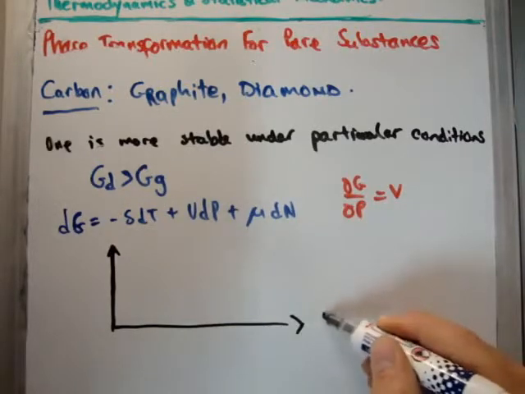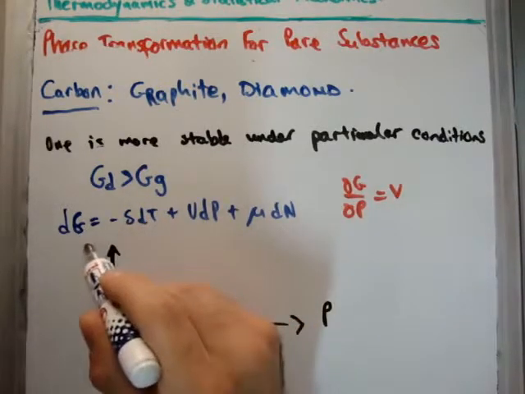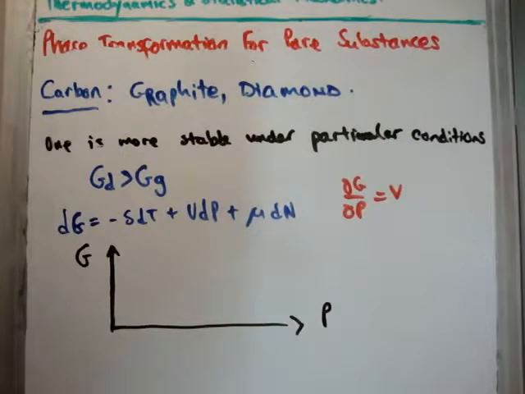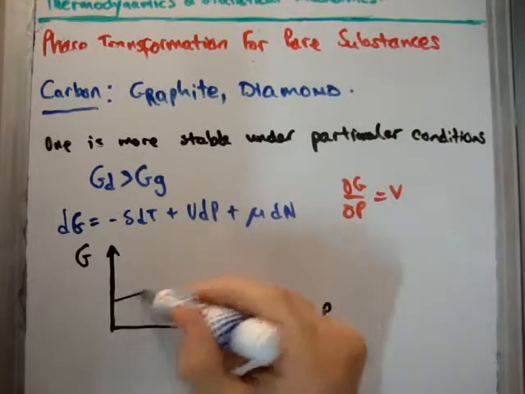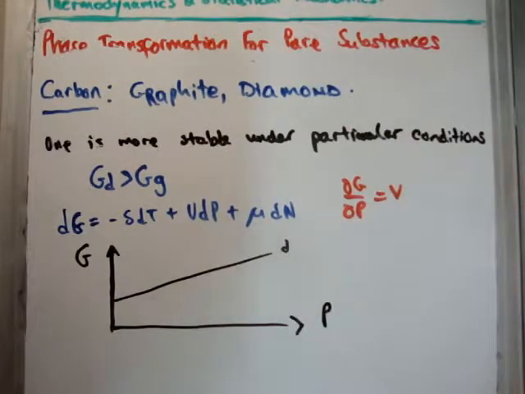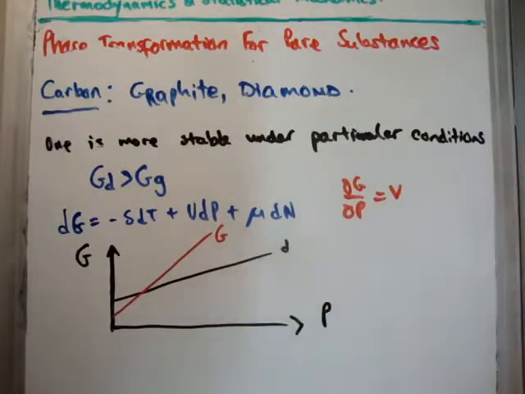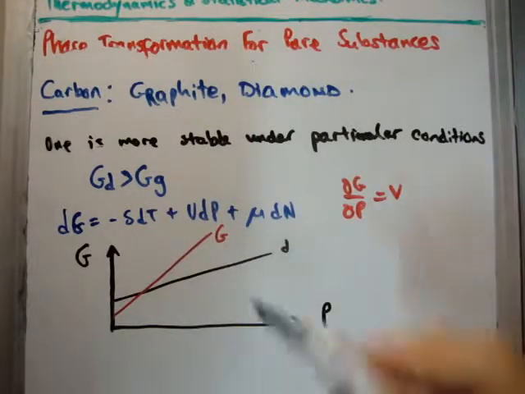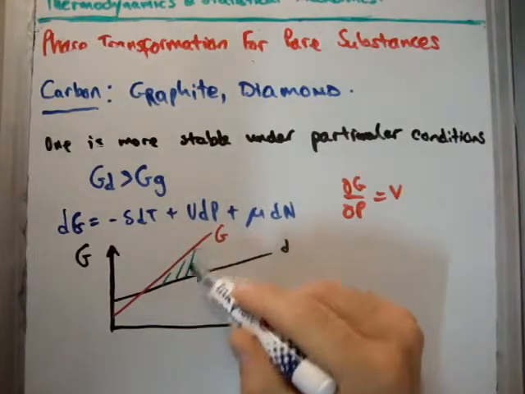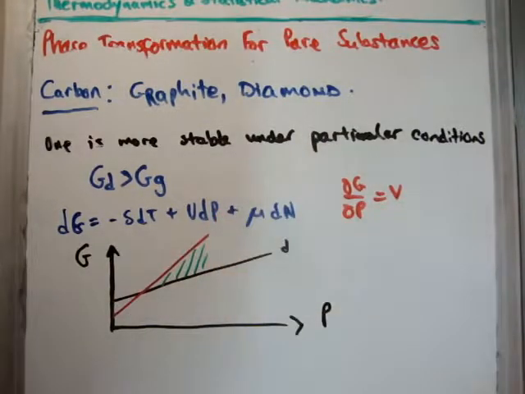So I'm going to plot pressure in kilobars, and we're going to plot the Gibbs free energy, of course, in joules. So let's say that this here is diamond, and this here is graphite. So in the region I'm going to shade in green, diamond is more stable than graphite. I'm going to do that with a small g to distinguish it from the Gibbs free energy.